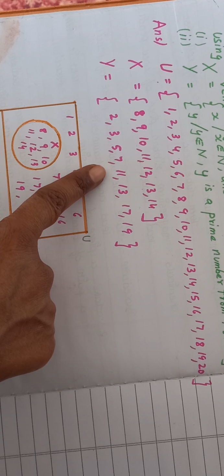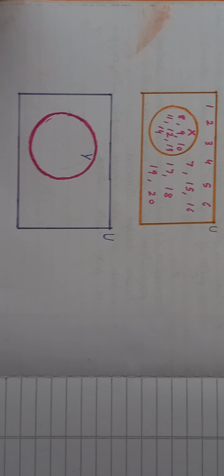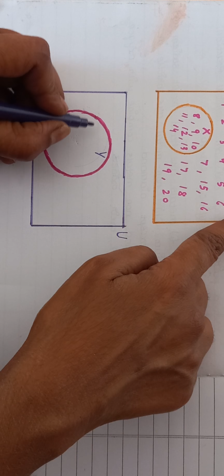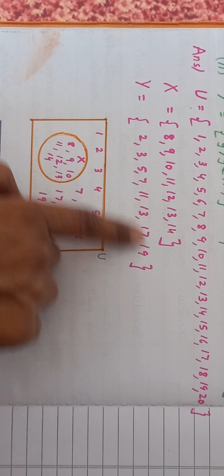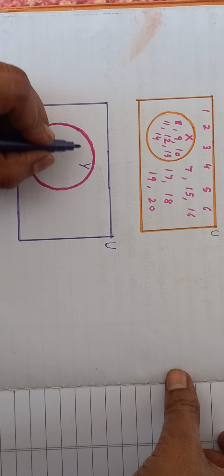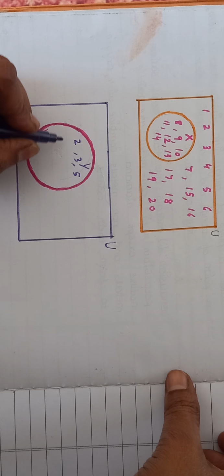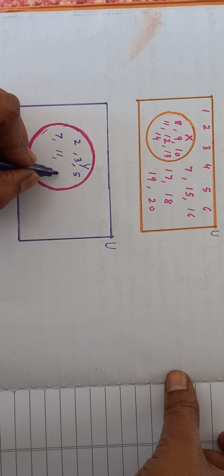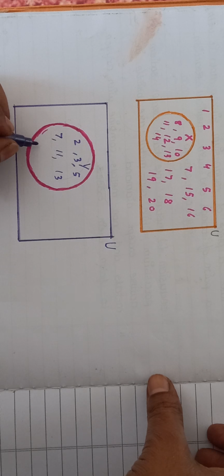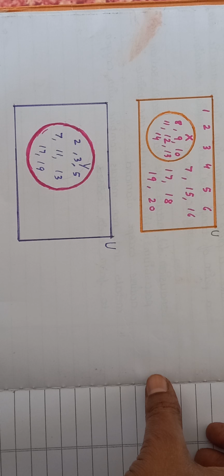First we will write the name, set Y. See, here we have all the prime numbers from 1 to 20, and we have to write them in set Y. So it will be 2, 3, 5, 7, 11, 13, 17, 19. So in set Y we have written all the prime numbers.